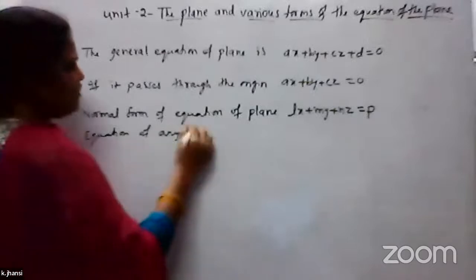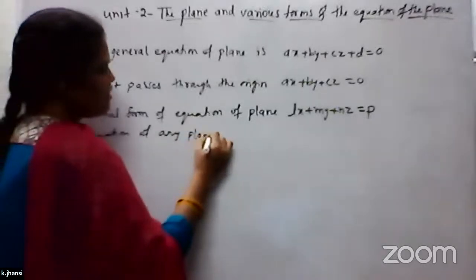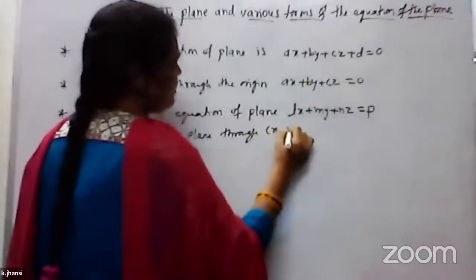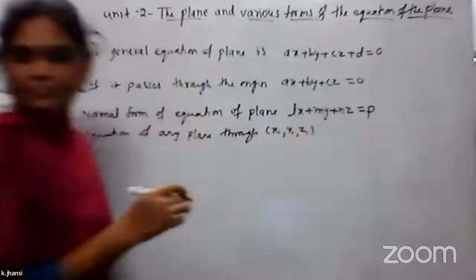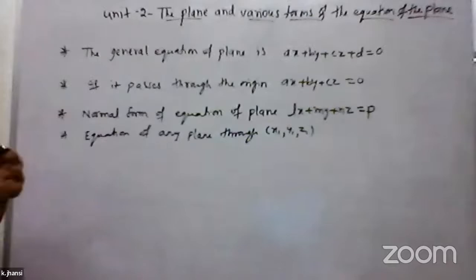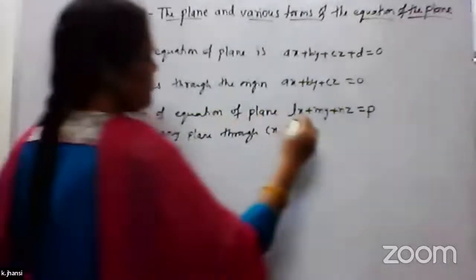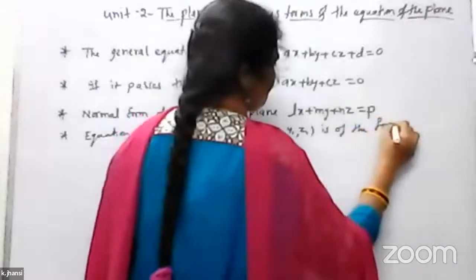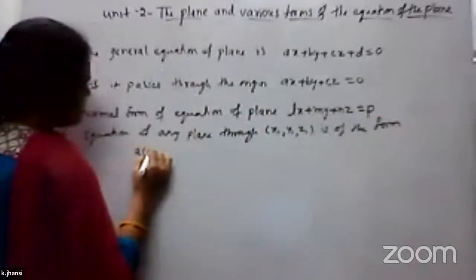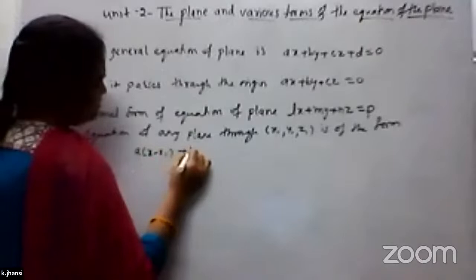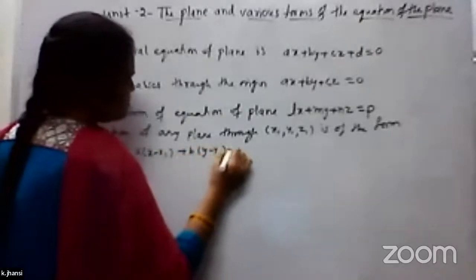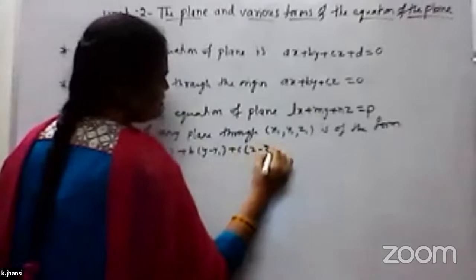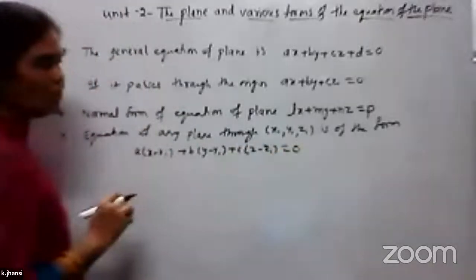Equation of any plane passing through the point x1, y1, z1 is of the form a into x minus x1 plus b into y minus y1 plus c into z minus z1 equals to 0. Okay.